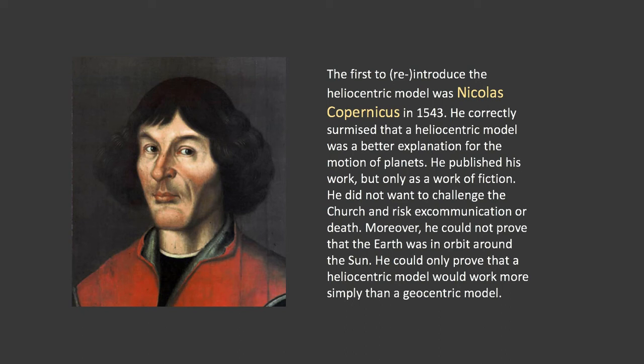And because he couldn't prove that the heliocentric model was correct, he could just show that it worked and it was simpler, he didn't really have a way to push forward with his ideas. So to sort of save himself, he just published it as a work of fiction.